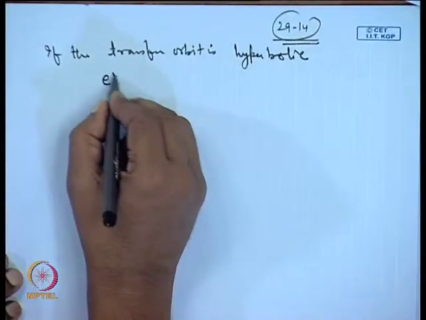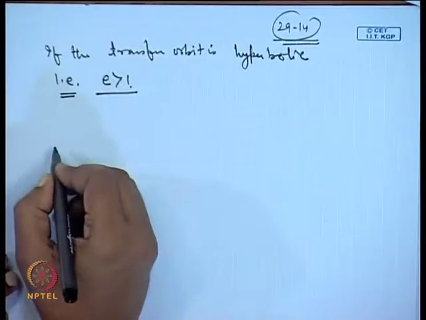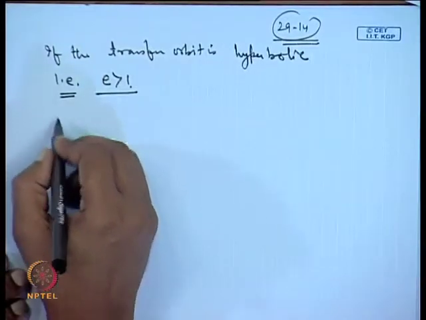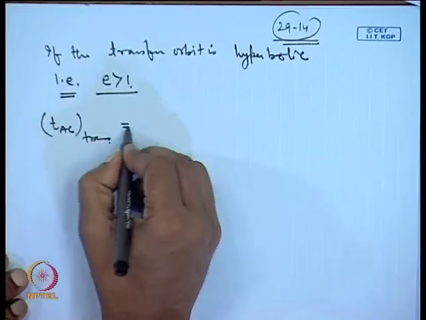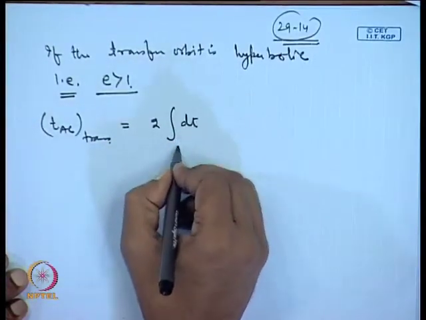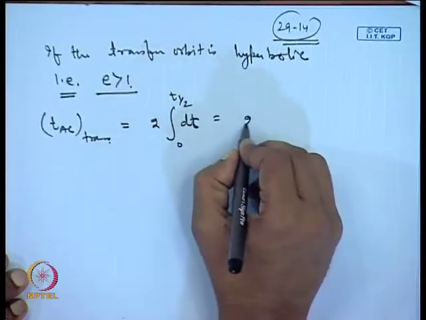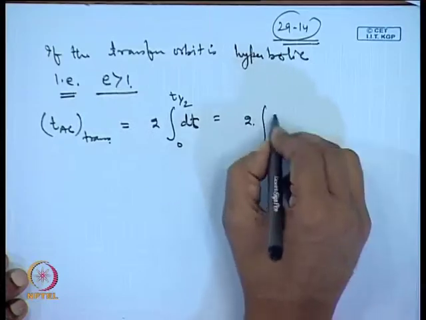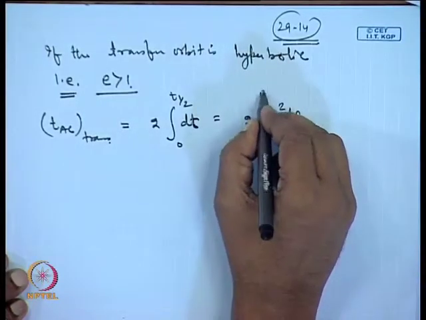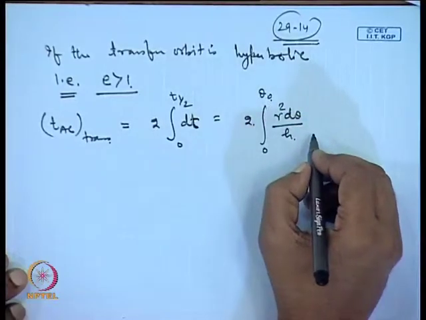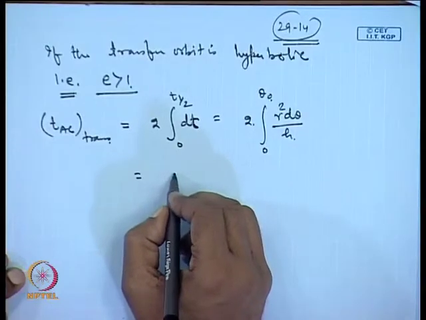This implies E is greater than 1. Okay. So, in that case TAC transfer is the integral from t 0 to t 1 by 2, equal to 2 times r square d theta by h, theta equal to 0 to theta 0. Okay. The previous equation basically we are writing here.